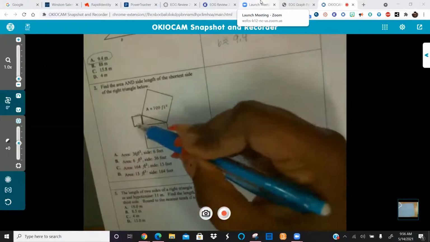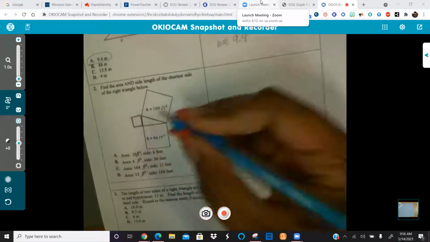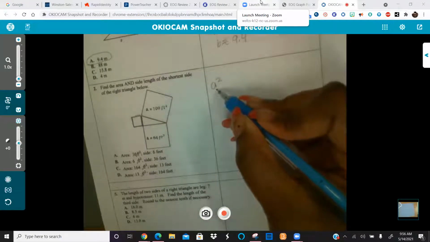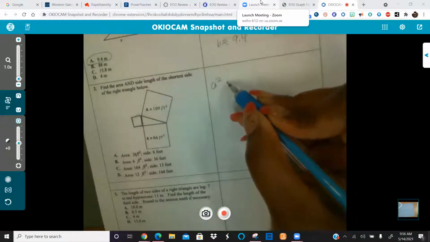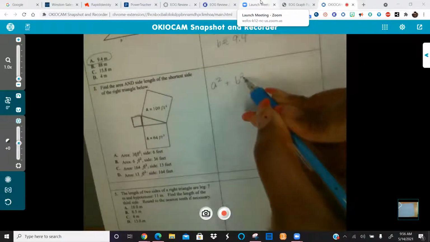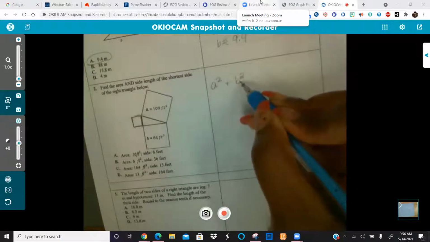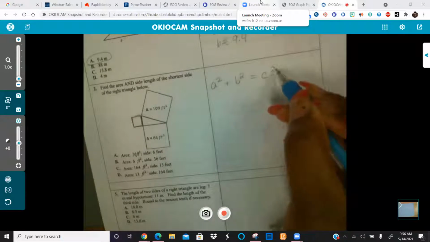So look, this is a right triangle. So A squared, which is the area of one of the legs of the triangle, plus the area of the other square. This area plus this area is equal to that third area.